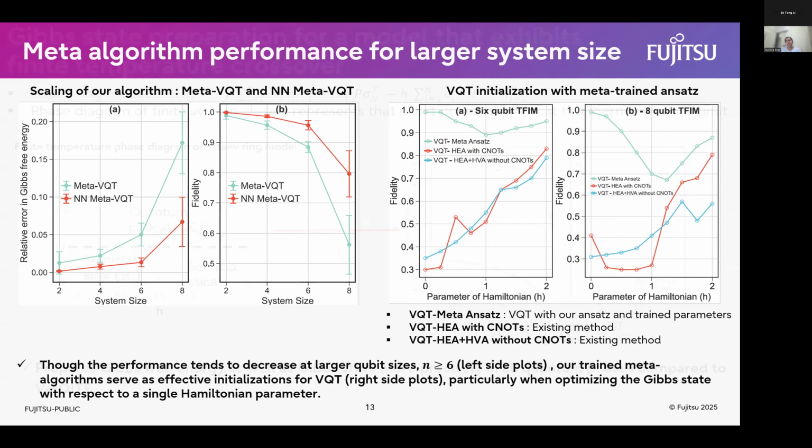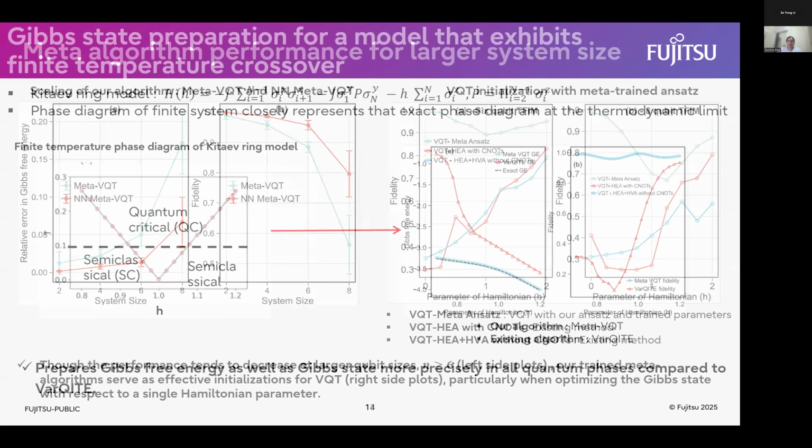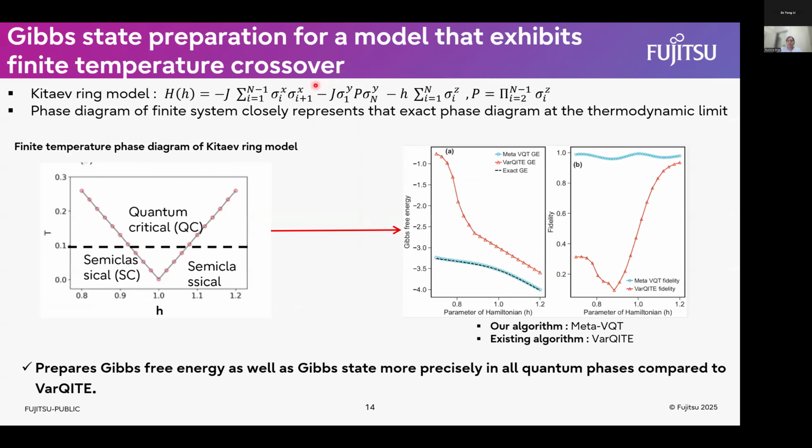And we also analyzed the Gibbs state preparation for a model that exhibits finite temperature crossover. For that, we have considered a model known as the Kitaev ring model. This model is interesting because the phase diagram of the Kitaev ring model for a finite system closely represents the phase diagram expected at the thermodynamic limit.